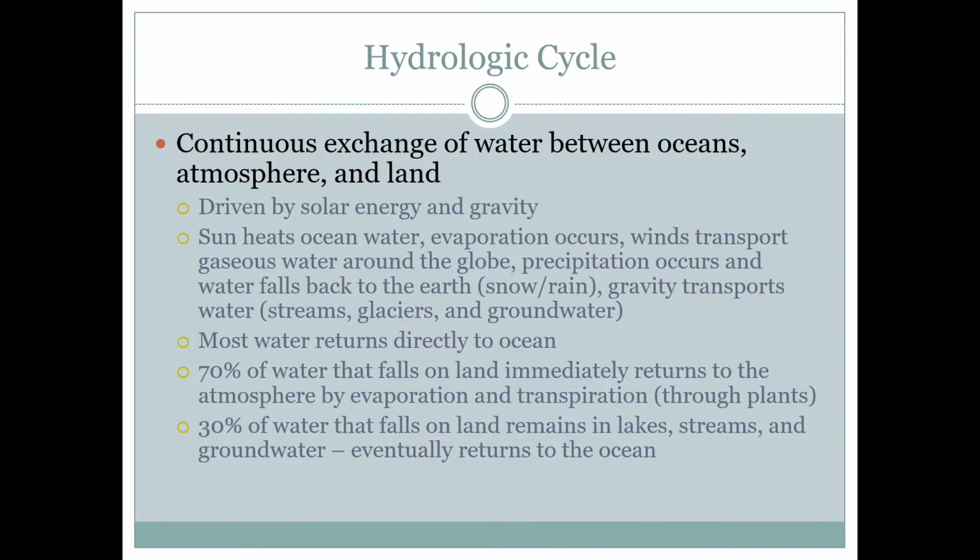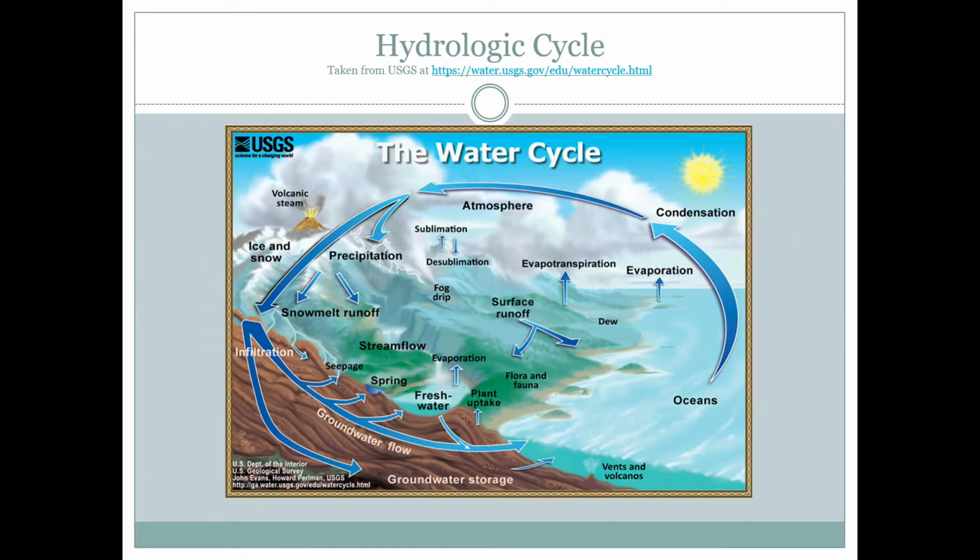Groundwater goes into streams, streams go into the ocean. So it may take a long time, but the hydrologic or water cycle is completed, ocean to ocean, over time. This is an idealized look at the water cycle, so you can see that. You see the evaporation and condensation, you see the sublimation, you see the precipitation, you see the groundwater. It's all right there.